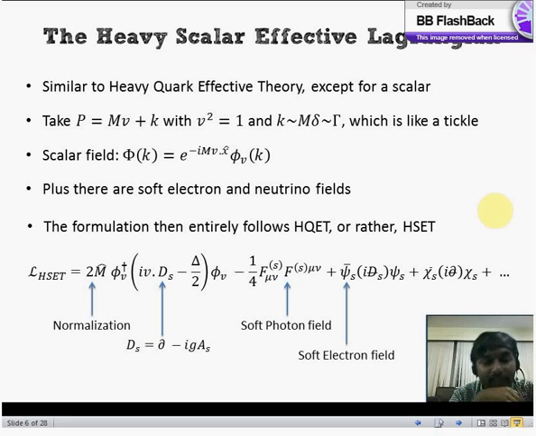We have the soft electron field over here, and finally we have the soft neutrino field. Now the electron field obviously does interact with the A_s, and therefore we have a D_s slash. The neutrino, however, is neutral, does not interact with the A_s, and simply the ordinary derivative suffices. So this is our heavy scalar effective Lagrangian.